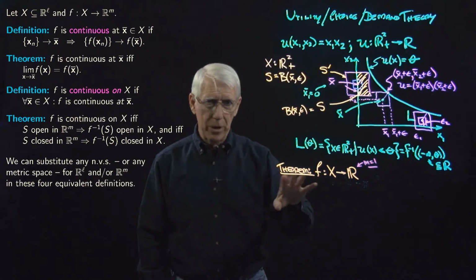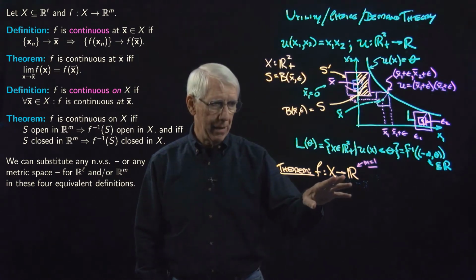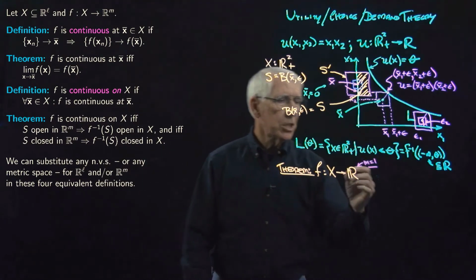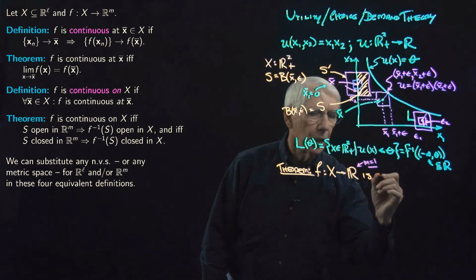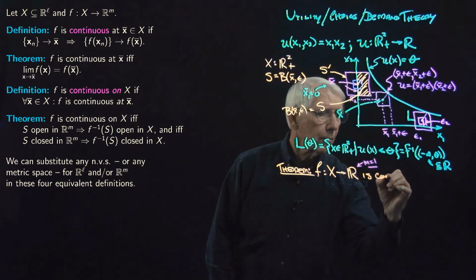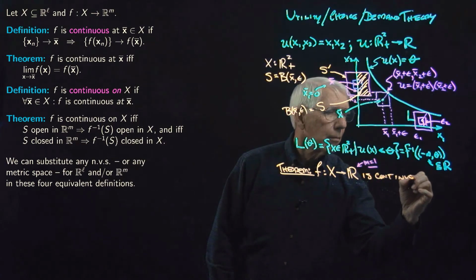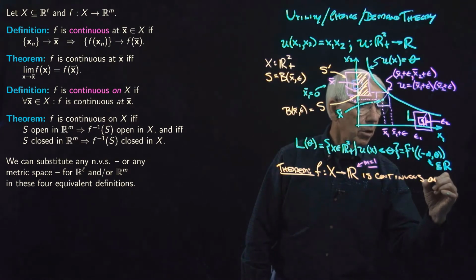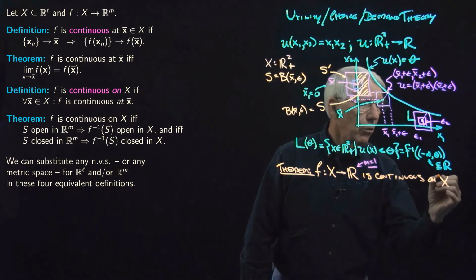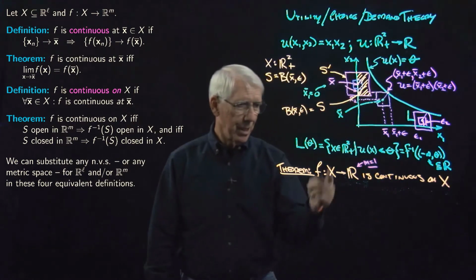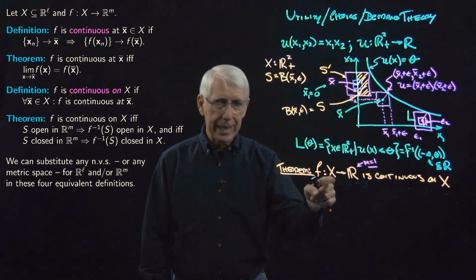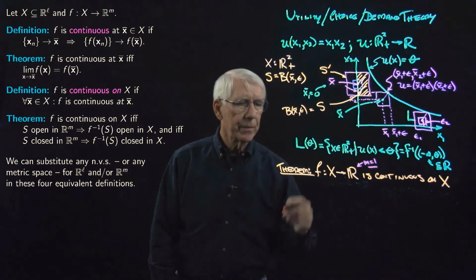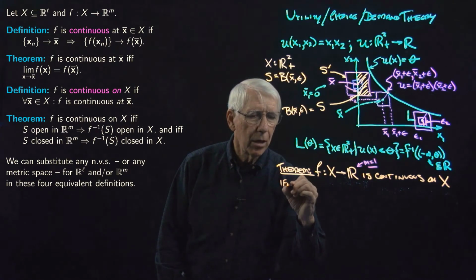They don't work for functions where the target space is larger dimensional. So this, a real valued function, is continuous on x. We often leave out the on x because that's implicit here. X is the domain.